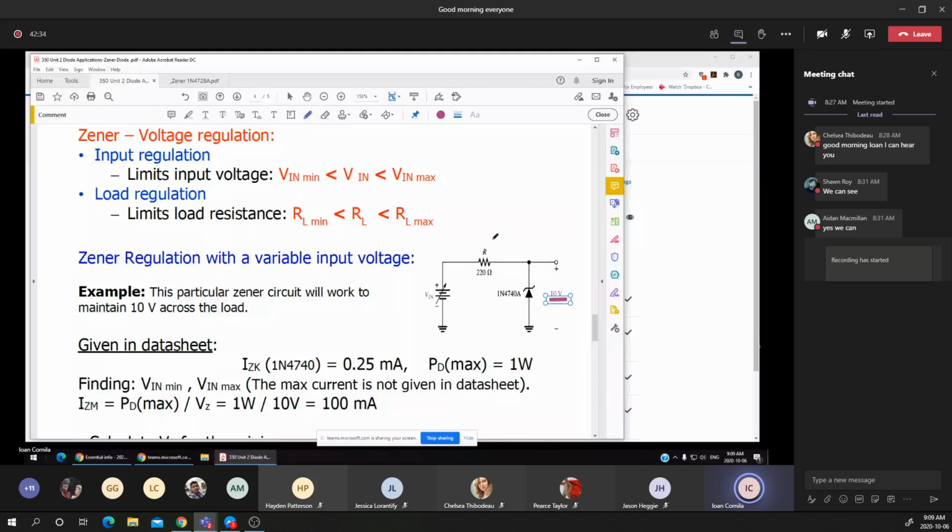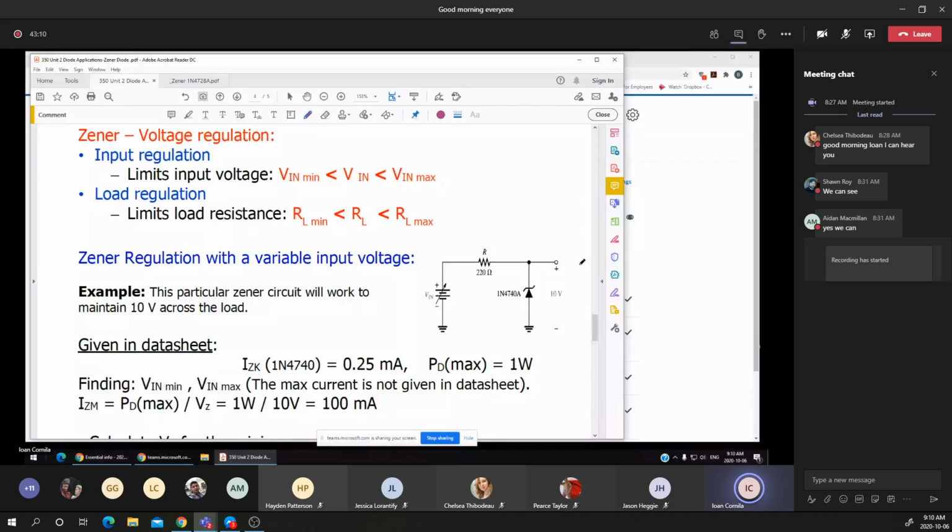The other type of problem is for a constant input voltage, for a given VZ, for a given load. Let's determine the value of the resistance that has to be connected in series with the Zener diode to maintain the current and the constant voltage to a load that is connected to the circuit.